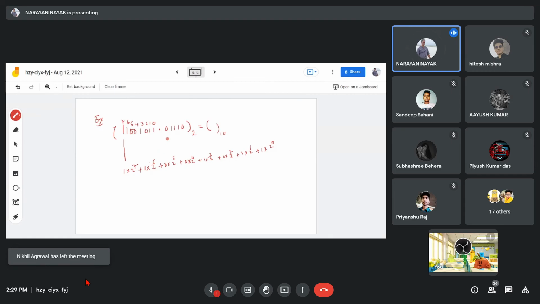Understood? And this side, what you have to consider? This is your minus 1, minus 2, minus 3, minus 4, minus 5 like this. Okay? Plus 0 into 2 to the power minus 1. You have to consider this 1, 2, 3, 4, 5. But it is your minus 1, minus 2 like this.